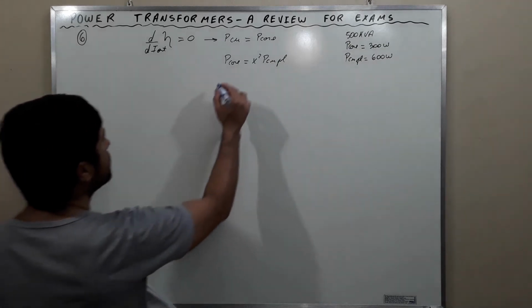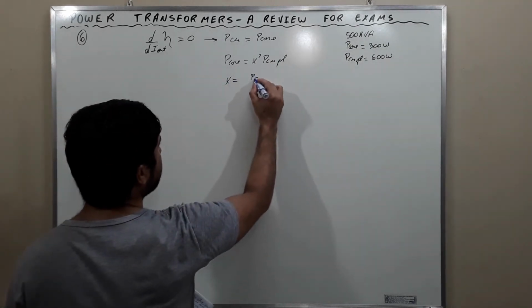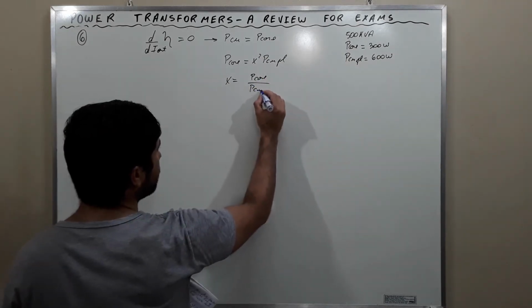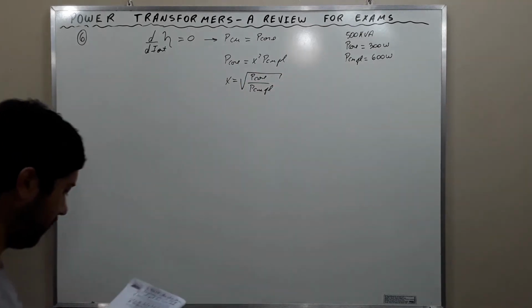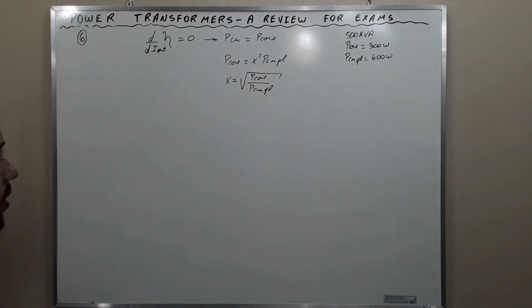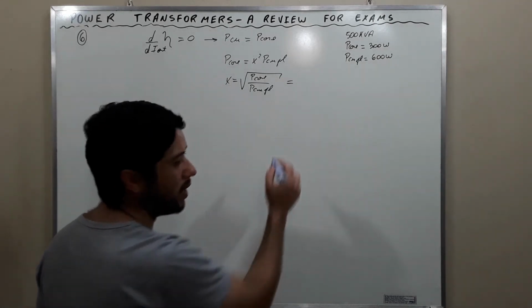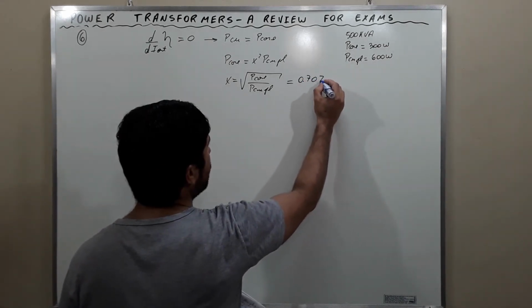Alright, so x is equal to P core over PCU full load, and the square root of it. And if we use the values 300 watts and 600 watts, we find a load level of 0.707.